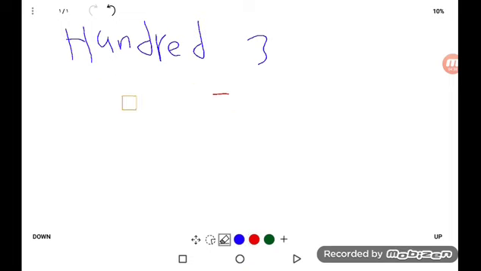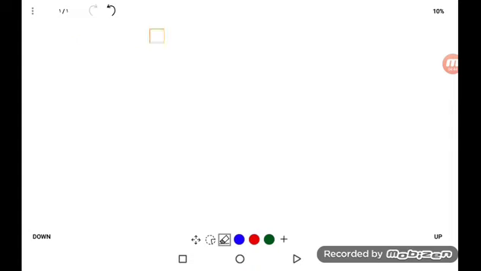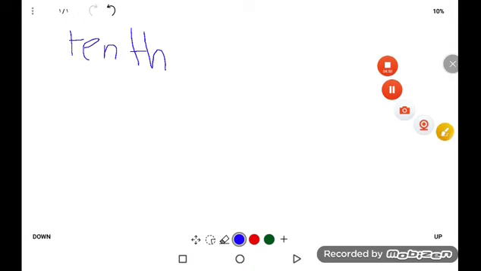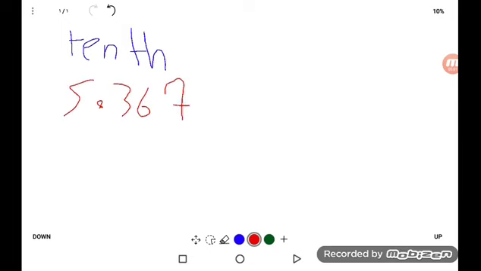Now let's say if you have a decimal, we need to round to the tenths. Let's say if you have 5.367, this is the ones digit, and this is the tenths digit.